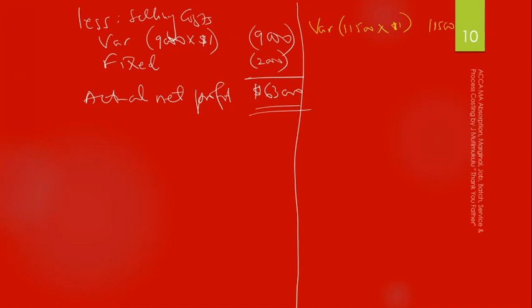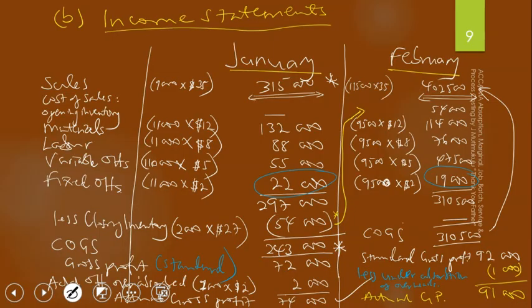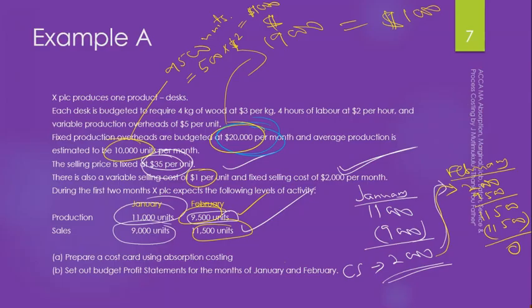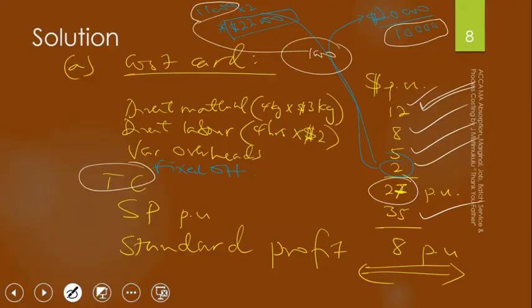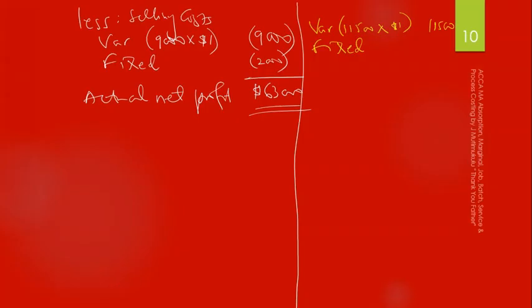We then have to factor in the fixed cost per month, which we said will be 2,000 from the question. Remember, these are in brackets. They are costs.